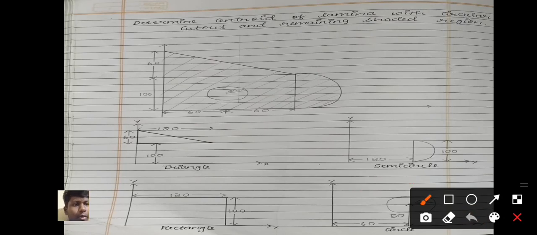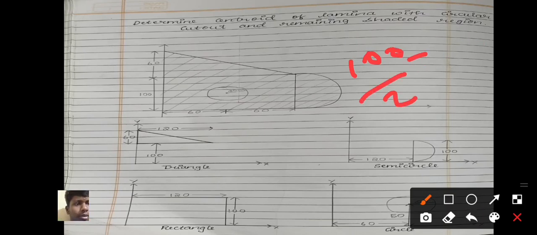120. And in the second component we know the diameter will be 100, so radius will be diameter by 2, so we get 100 by 2, that will be 50.